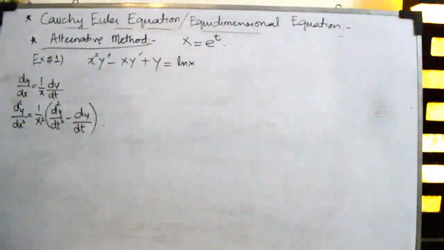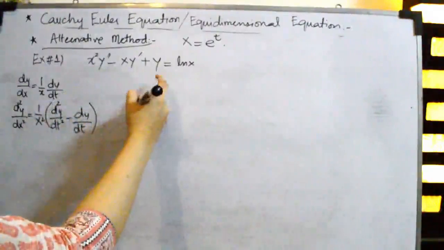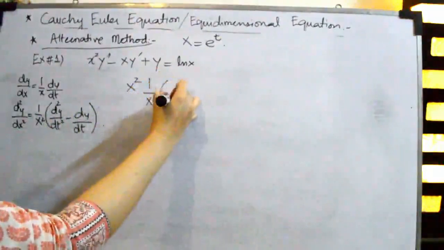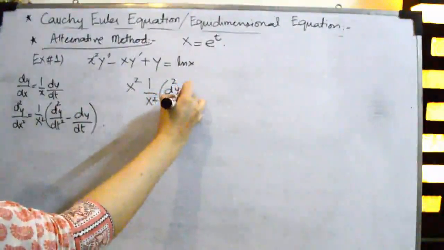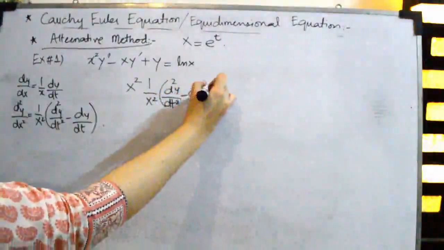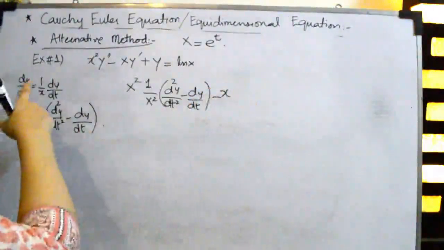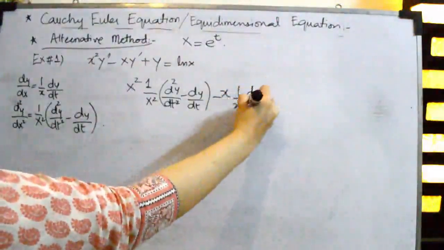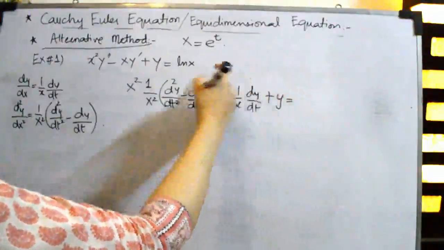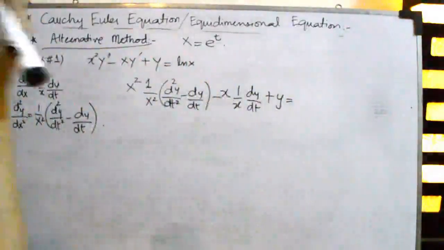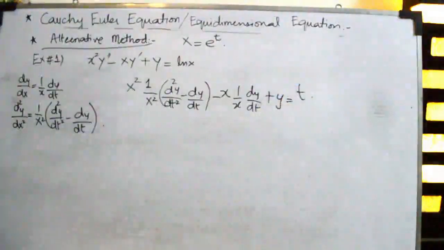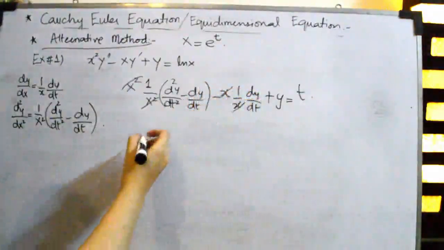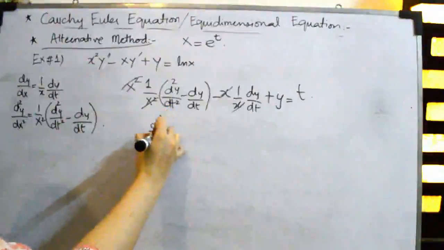So I am replacing y double dash and y dash: x square times 1 by x square d2y by dt square minus dy by dt, minus x times 1 by x dy by dt, plus y, equals natural log of x, which is simply t as per our assumption. The x square cancels and the x cancels, and your equation reduces to d2y by dt square.